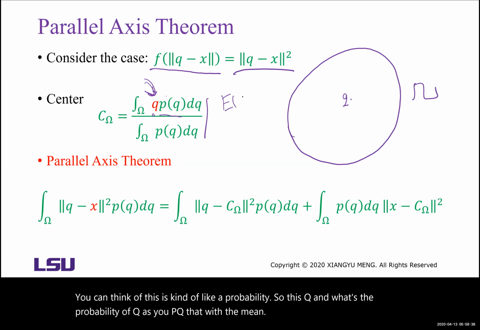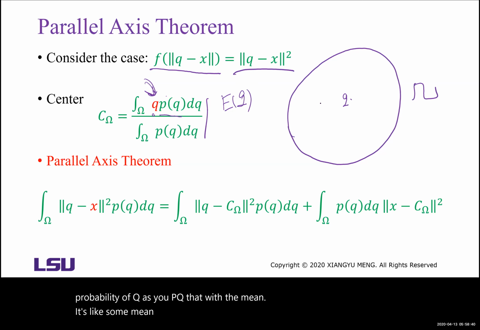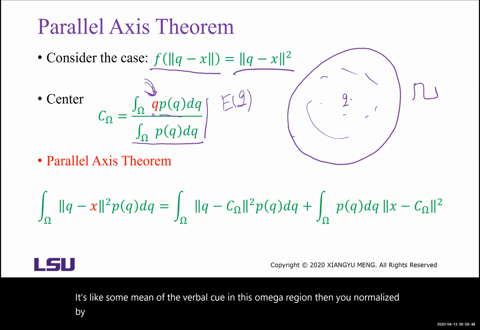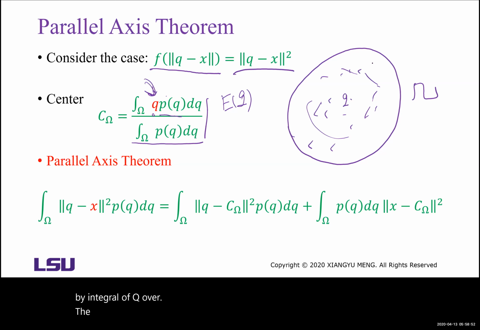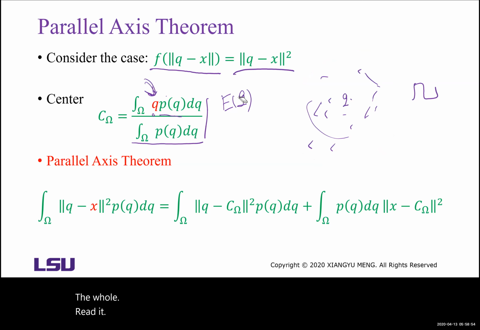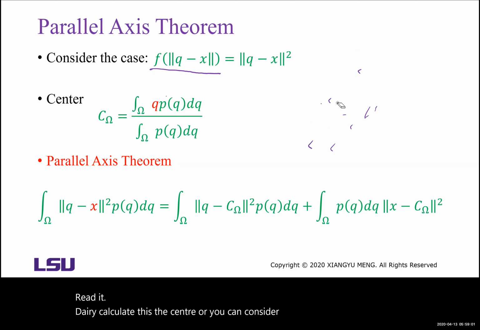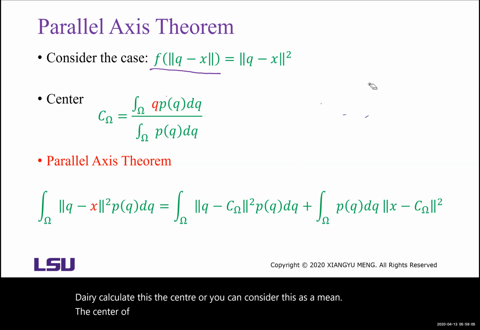It's like the mean of the variable Q in this omega region. Then you normalize by the integral of Q over the whole region. Then we calculate this, the center, or you can consider this as a mean, the center of this region, omega.